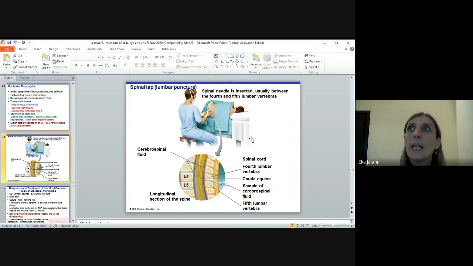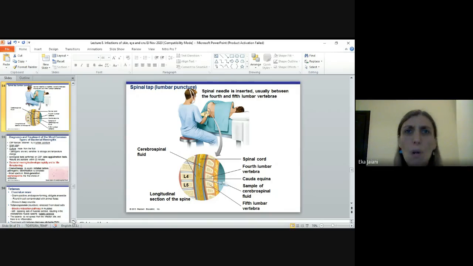Usually in case of bacterial meningitis, this cerebrospinal fluid is turbid, more turbid, while in viral meningitis, this is clear. And there are other parameters also to draw some conclusions when studying the cerebrospinal fluid content: the glucose, protein content, and so there are also other parameters.